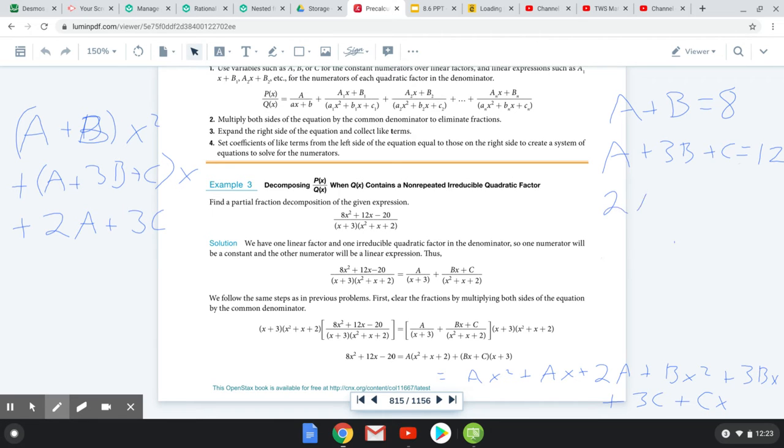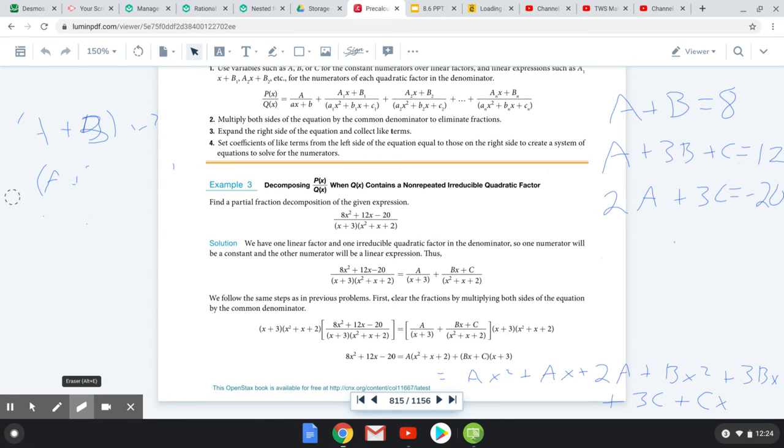And 2a plus 3c equals negative 20. Okay, so now we have 3 equations and 3 unknowns. This equation has a and b, and this equation has a and c, so we can't go straight to 2 equations, 2 unknowns. We need to do some finagling to get there.